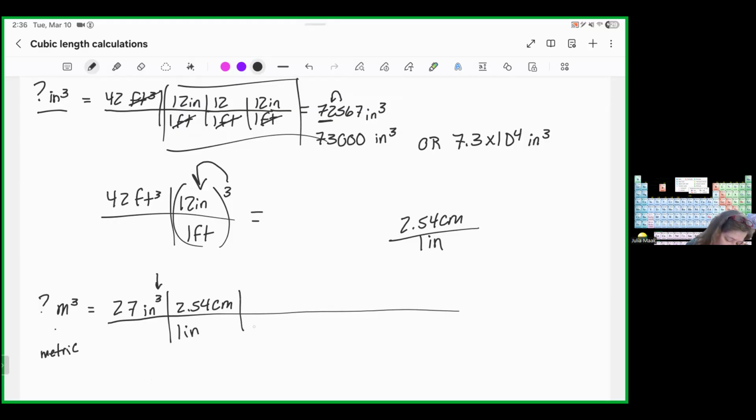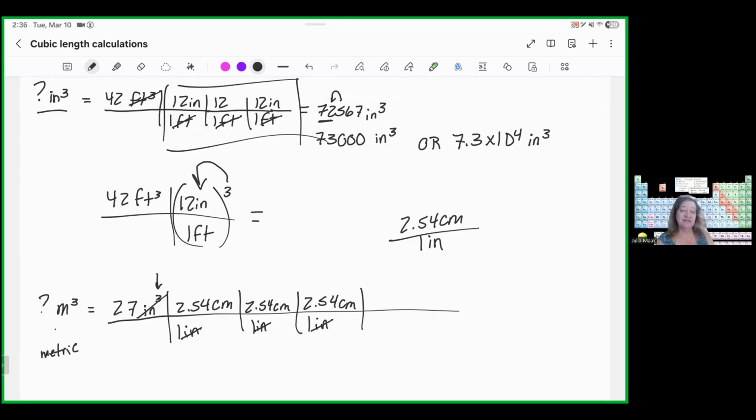So we're going to write this down 3 times. Those 3 inches cancel those 3 inches, and now I have cubic centimeters.